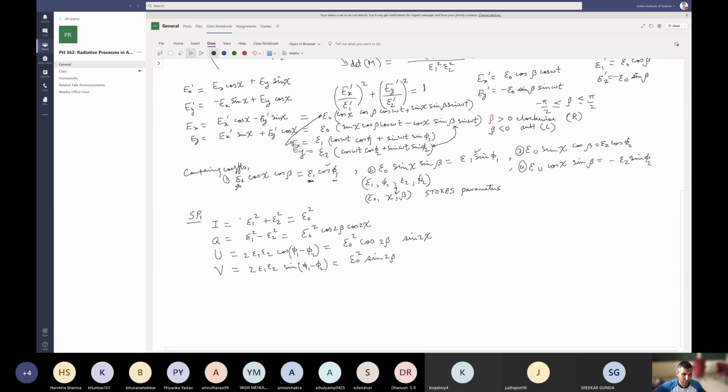So this is a way. You are given Ex as a function of time, for example. You can measure this epsilon 1, and you can measure the phase phi 1 from this signal. So you know epsilon 1 and phi 1. Similarly, you have some Ey, which has some other phase, but the same frequency, of course.